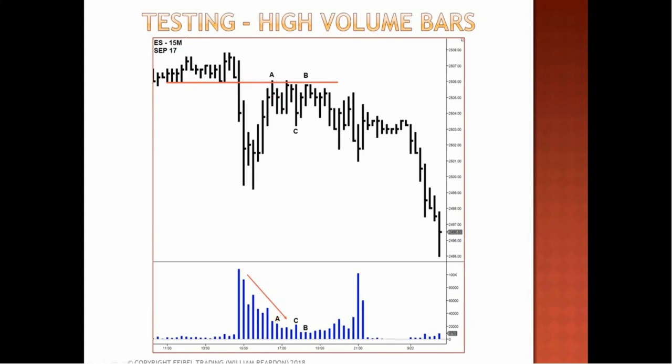Okay, don't forget this is a 15-minute time frame, and then resistance holds here for the next couple of hours and sellers make themselves present on bar C. Wide spread, down bar, slight pop in volume. Then bar B prints. Look at this lovely bar here.